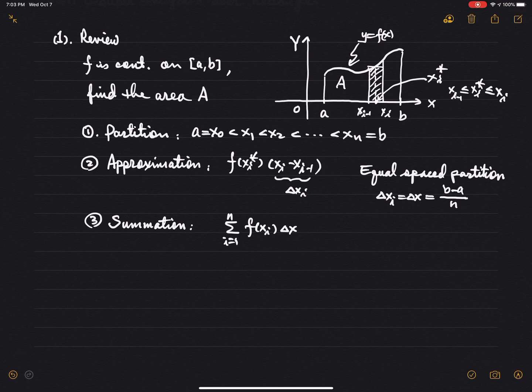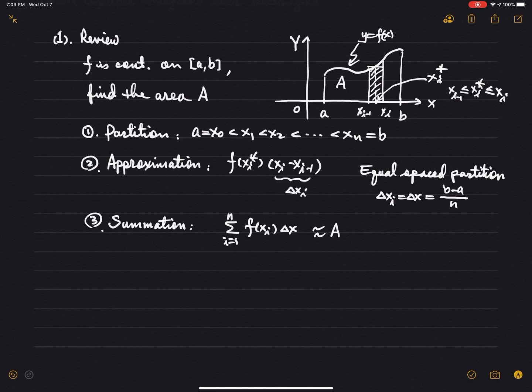You can see on each subinterval we have an approximation, so this is approximately equal to the area. If the subintervals are small, we have a better approximation. You can check your textbook, which has a better picture drawn there.